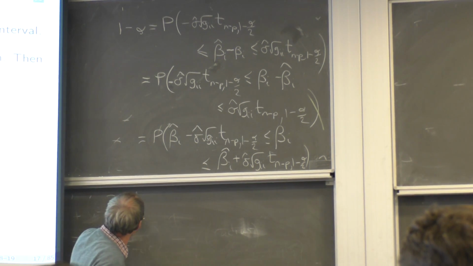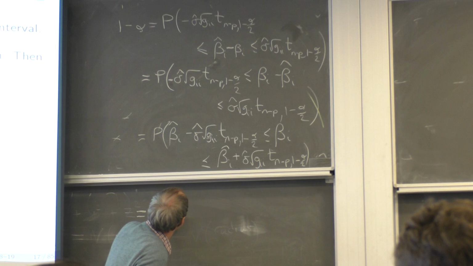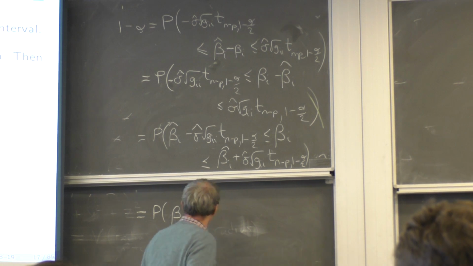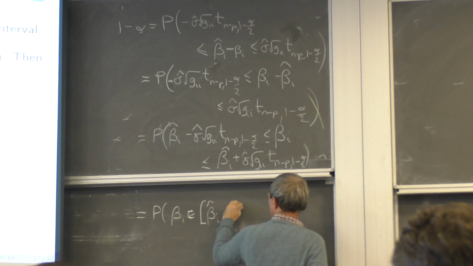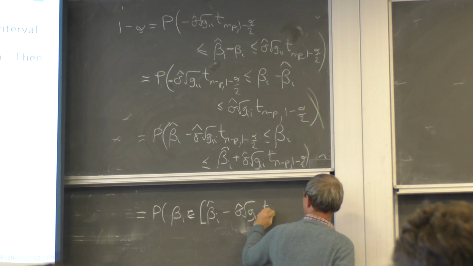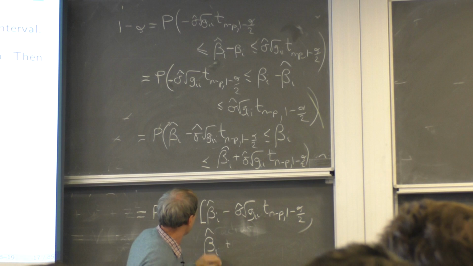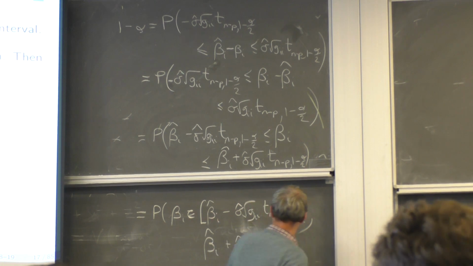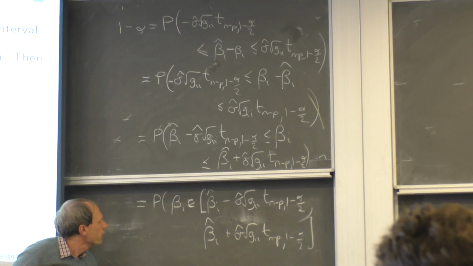But this is the same thing as saying that the probability that beta i is in the interval beta hat i minus sigma hat root g_ii times the quantile and beta hat i plus sigma hat root g_ii times the quantile.